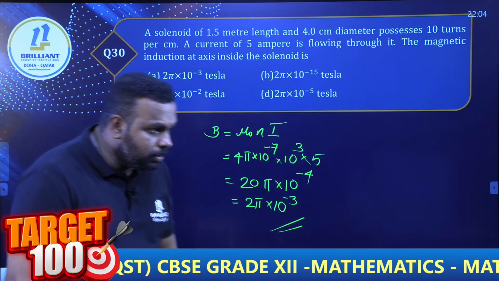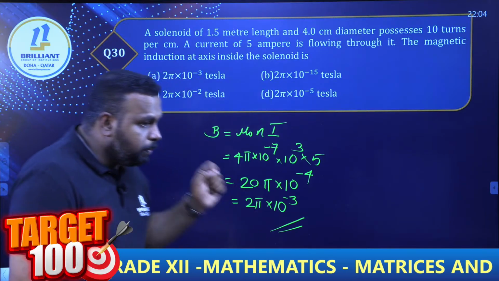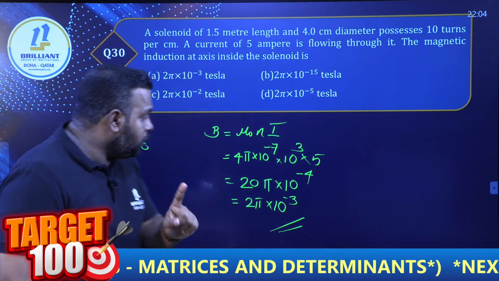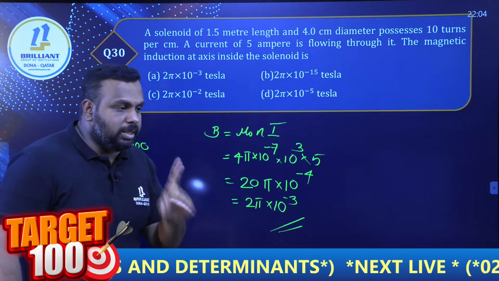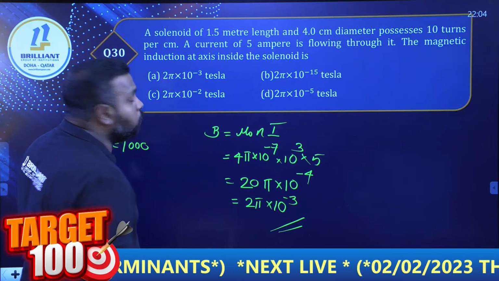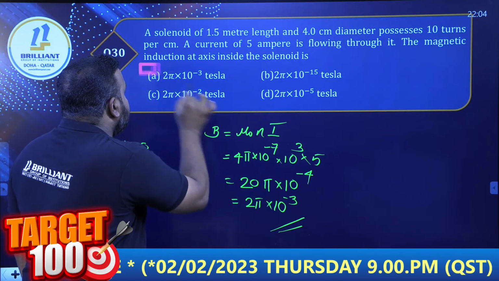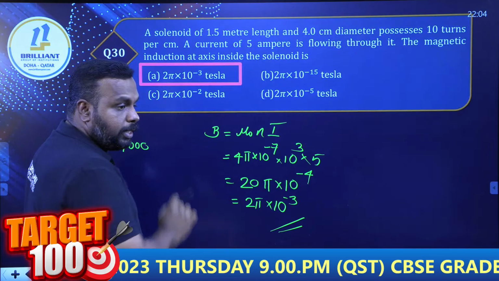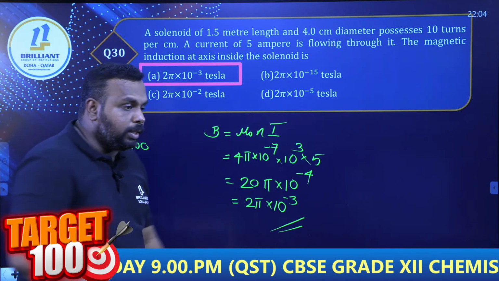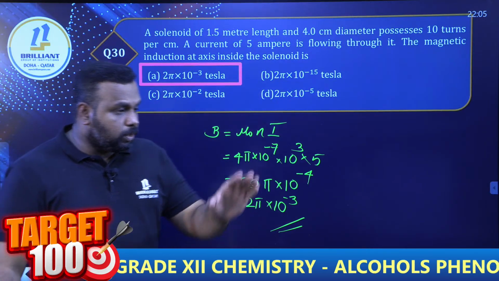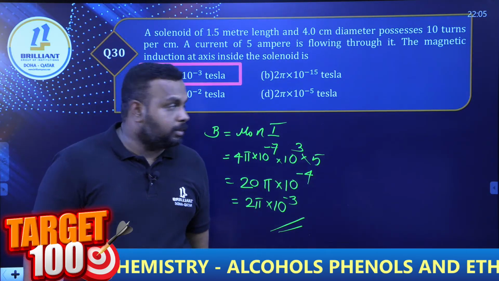So I think many of you made a mistake for this question. Please note that small n is representing number of turns per 1 meter. So the answer is 2 pi into 10 to the power minus 3 Tesla, which is option A. Option A is our right answer. Hope all of you understand why n is taken as 1000. It's because we have to consider 1 meter length.